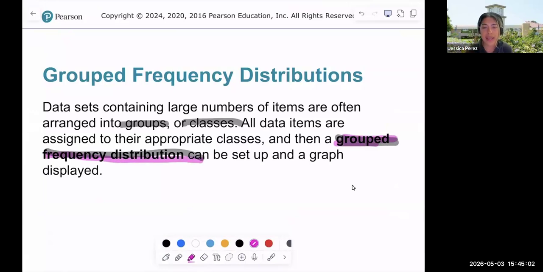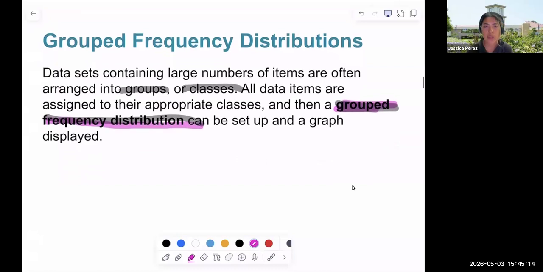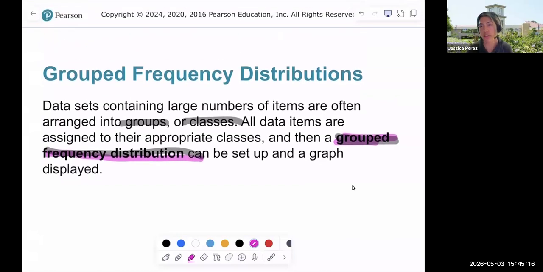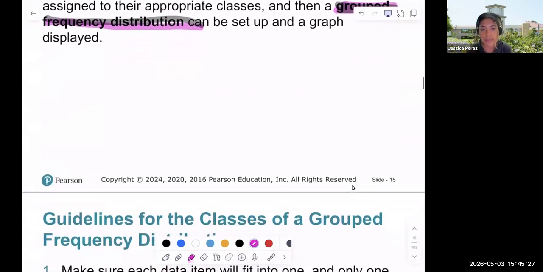So we're going to set up raw data that includes many different data values, and we have to create groups or assign different classes. That's called a grouped frequency distribution. So there's the basic frequency distribution, where it's just a set of data values, and there's the grouped frequency distribution, because we have a larger number of items.